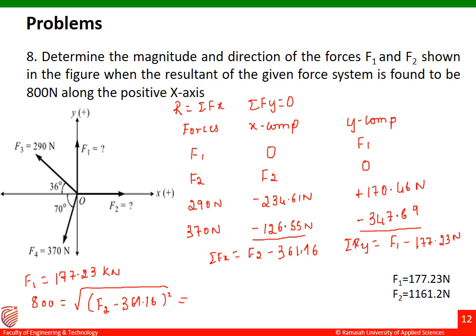So I'll get it as 6 lakhs 40,000, which is equal to F2 square. A square plus B square, that is 361.16 whole square.